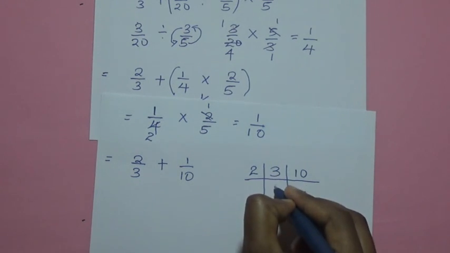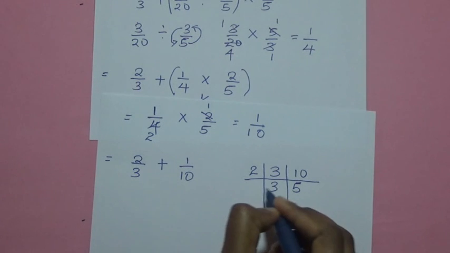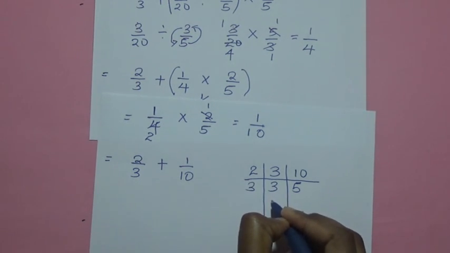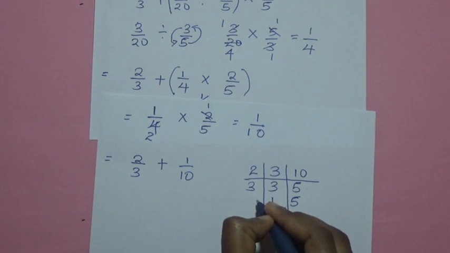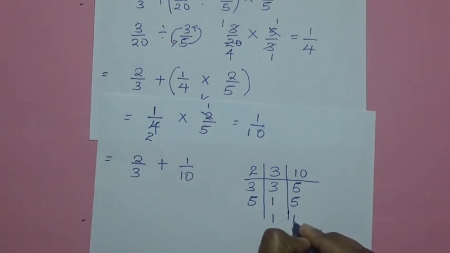So we write 2. Here we have 3 and we have 5. And then we have 3. 3 divided by 3 will be left with 1. 5 cannot be divided by 3, we have 5. And finally, we divide by 5, we are left with 1.